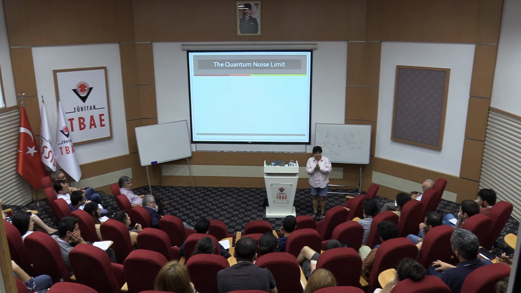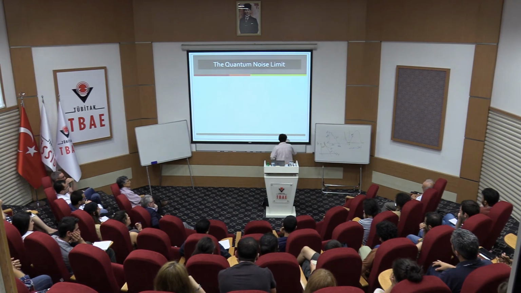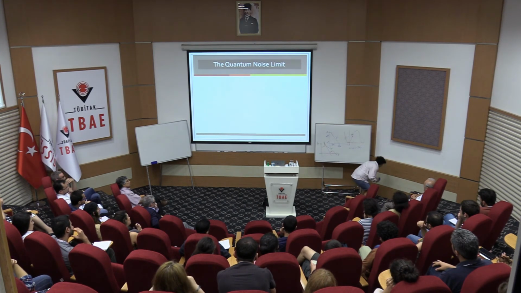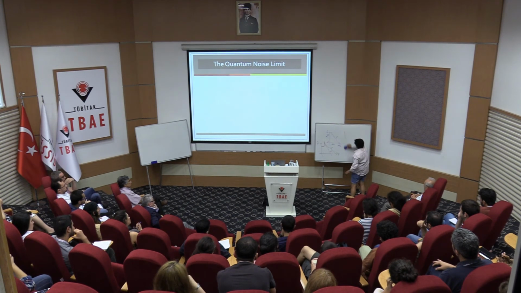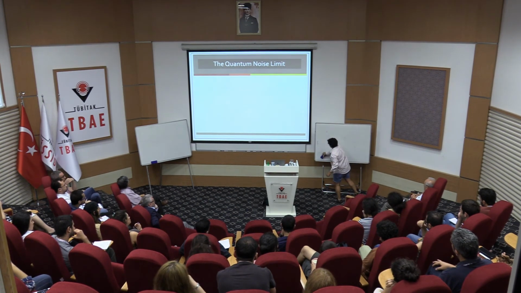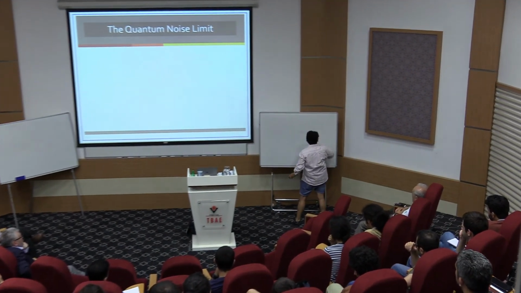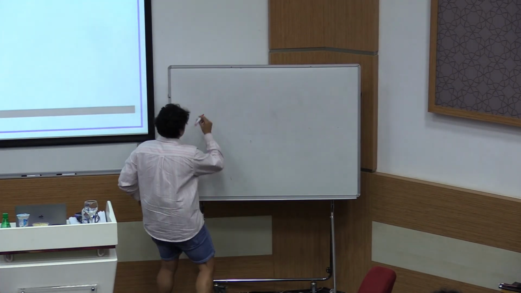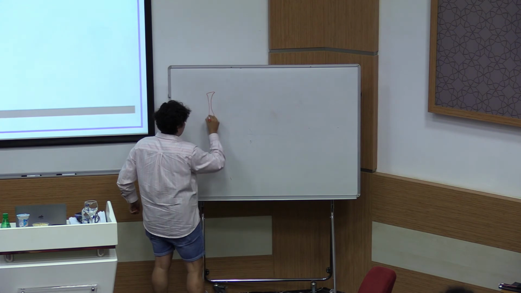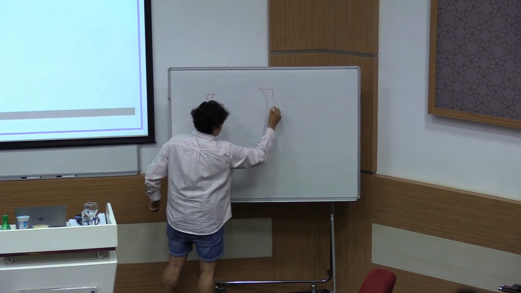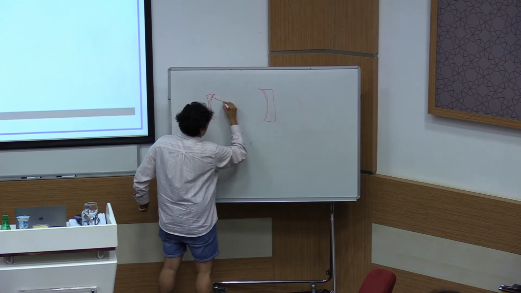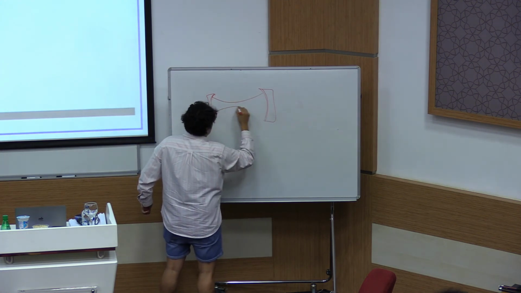Now if your light has a shape, and it turns out that the shape of the mode inside the cavity, our cavities are made of spherical surface mirrors, and the shape of the light field inside there is what's called a Gaussian beam.